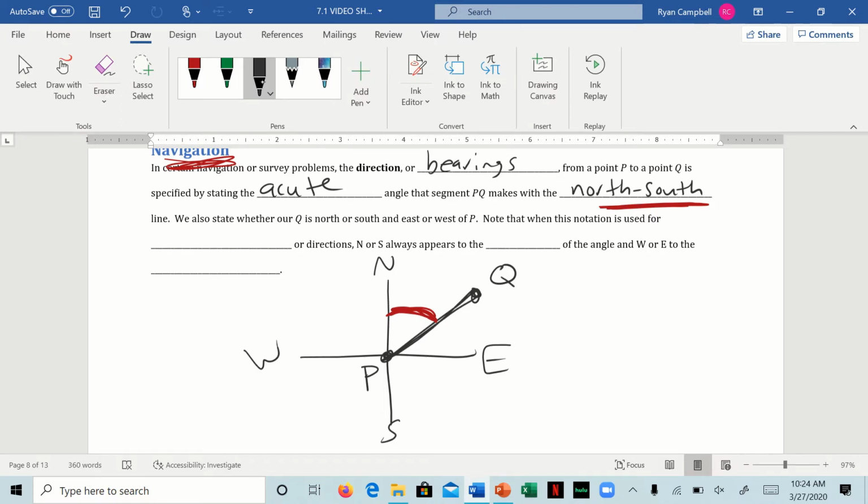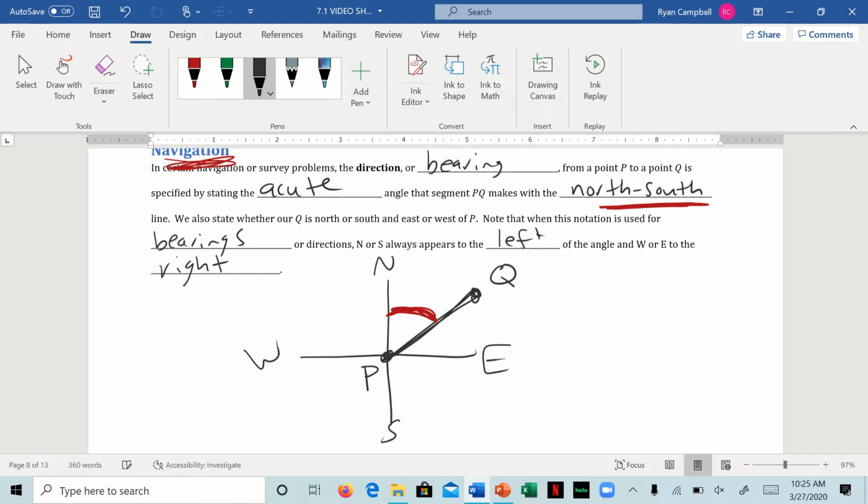So note that we also state whether Q is north or south and east or west of P. It doesn't matter which direction we have. So note that when this notation is used for bearings or directions, north or south always appears to the left of the angle, and west or east appears to the right of the angle.